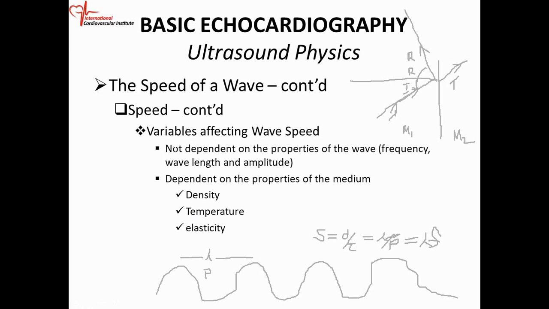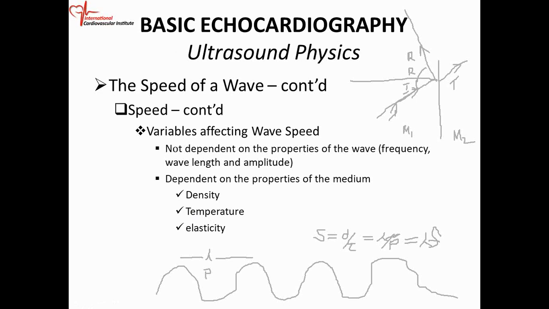And when the sound hits, say, water, which has a greater density than here, it's going to slow down. The speed of sound in water is going to slow because of the density. So the speed of sound, of any wave, once it hits a medium of greater density, is going to slow a bit. If it hits a medium of less density, it's going to speed up.